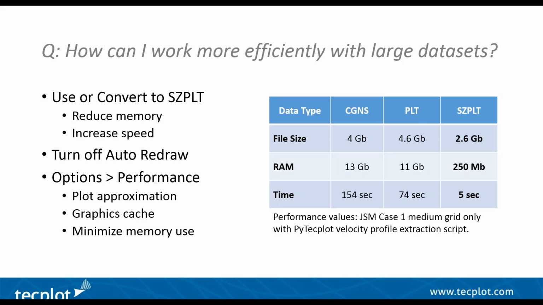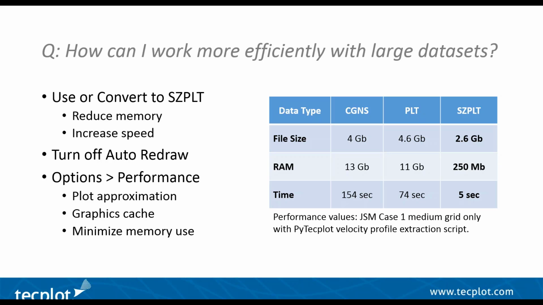So you're getting some node compression because there's a lot of triangles on the surface in an FE quad data set. So that point compression is why we see the file size reduction.